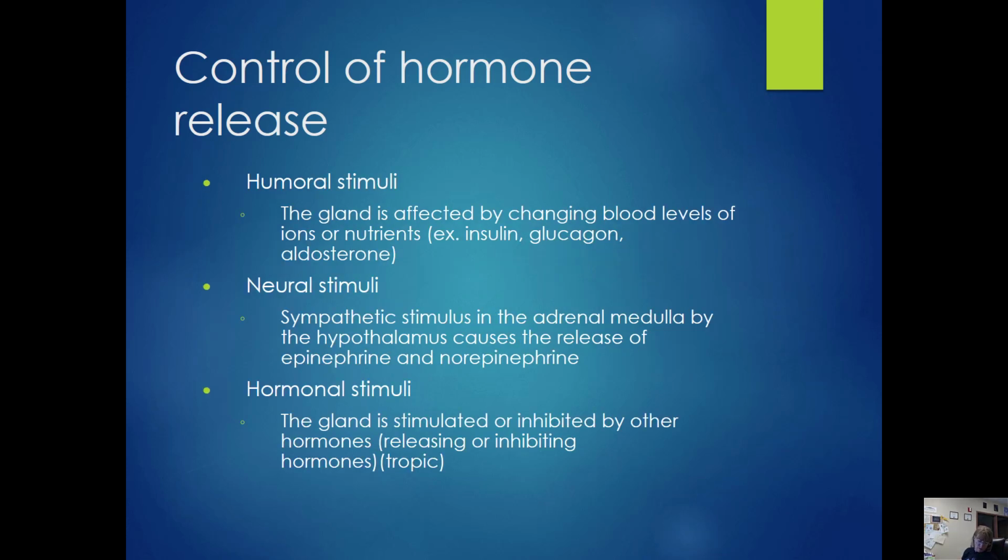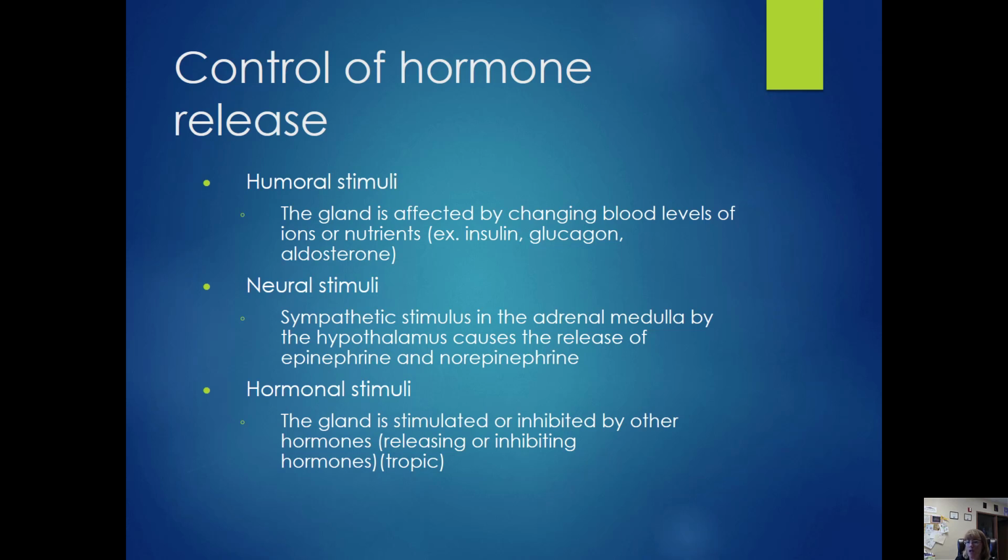All right, in your tables that you had to fill out, the first column was all about what triggers the release. What is the stimulus for the release of the hormone? We can lump all the hormonal stimuli together into three categories. They can be humoral, which means something in your bloodstream is going to change, like sodium, potassium, glucose, or water levels.